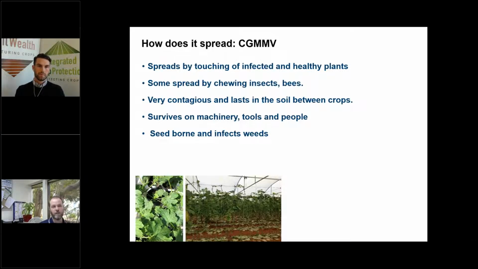And then finally, it can survive as a volunteer, so it's seed-borne, and it can come into crops if unclean seed is used from disreputable sources. And it does also infect some weeds as well. Mostly the cucurbits are the ones that it seems to have the biggest concentration in, and it's the biggest risk of getting back into cucurbit crops. So things like mukia, Afghan melon, paddy melon, stuff like that.